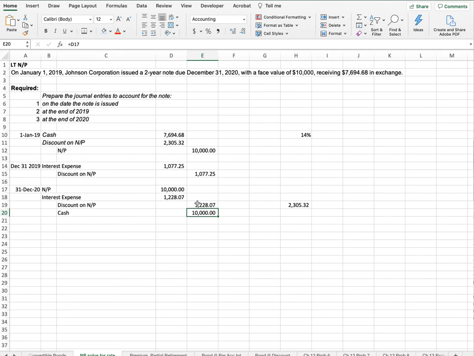But of course, if you were doing multiple years, it would be wiser to use the original cash price and then add what we've amortized so far.